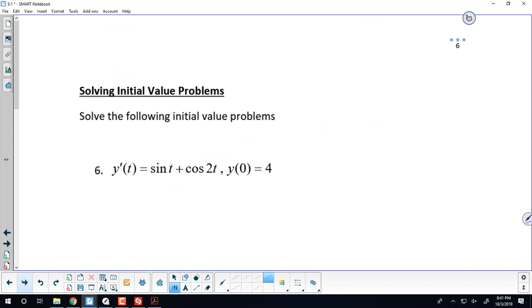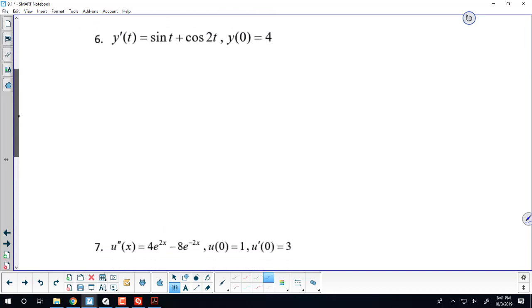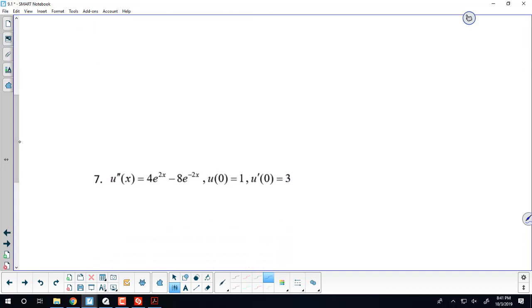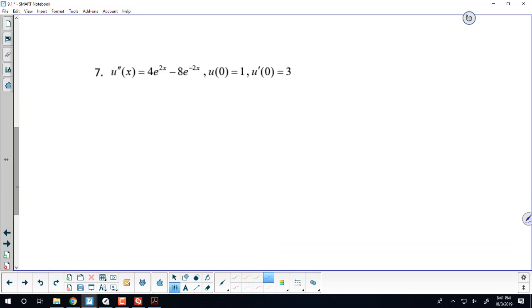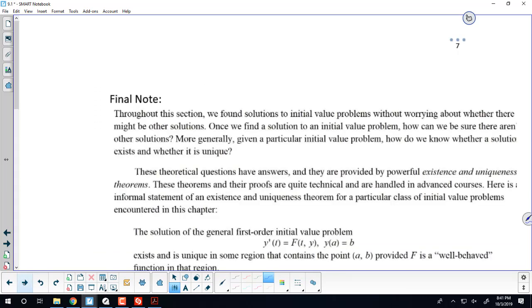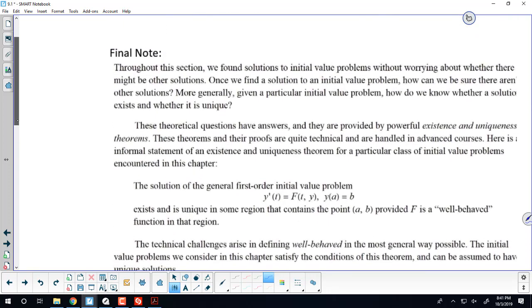So solving initial value problems, again, we've seen these in terms of the antiderivative to get y, and then we use the initial condition to figure out what the constant is. So let's see, we've got 2 of those. And then that's it for 9.1.